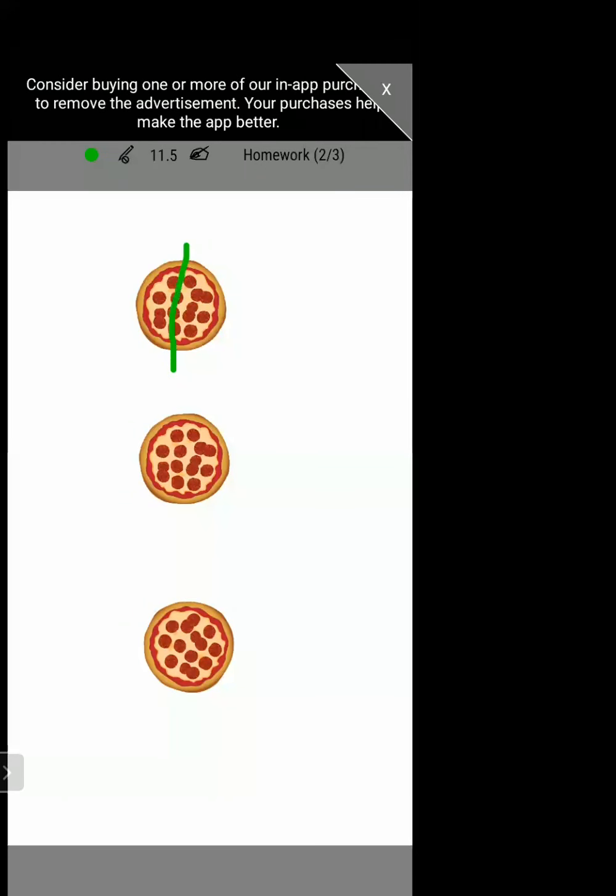This half doesn't seem to be equal, but just imagine that it's equal. So I want to eat that half of the pizza.